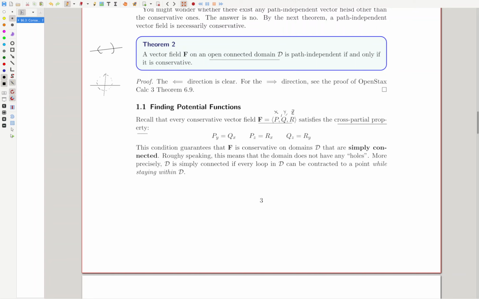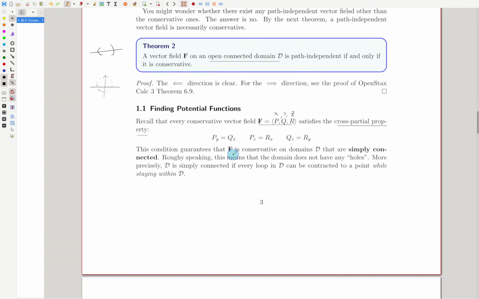Right. The condition guarantees, right. So I'm emphasizing things a little funny here, but the point is that we know this fact that this condition, the cross partial property, is enough to show that F is conservative if you have one additional assumption on the domain. You need that the domain be simply connected.